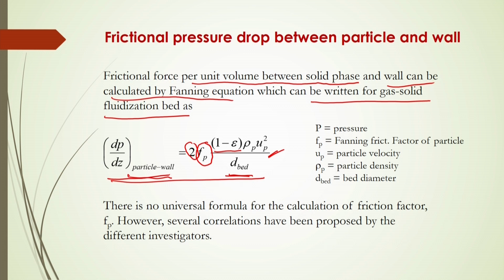There is no universal formula for the calculation of the friction factor Fp. However, there are several correlations proposed by different investigators that you can use to estimate this friction factor. So, we will see how to calculate this friction factor for particle.